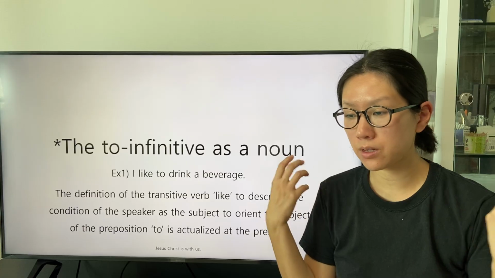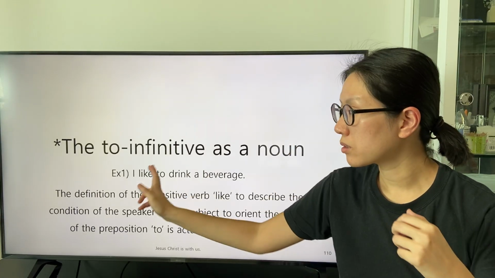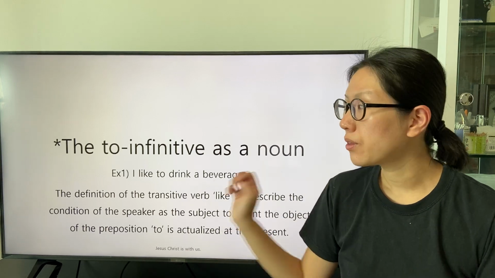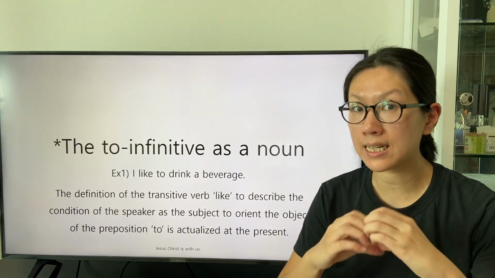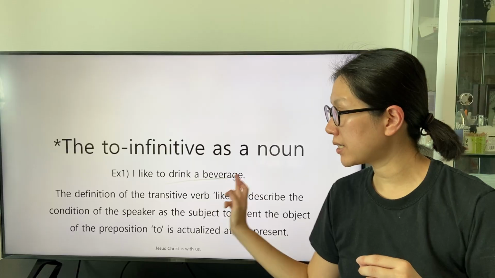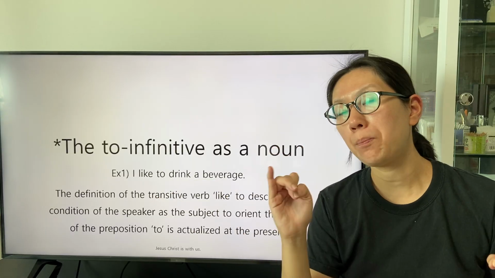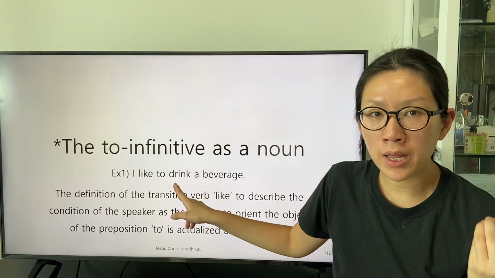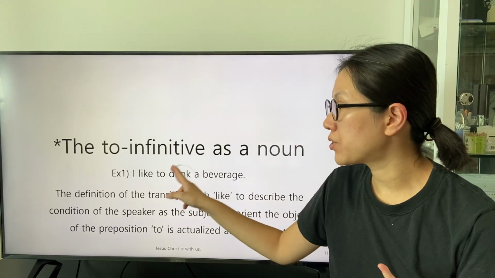So we can understand that the speaker delivers, or starts and delivers, the definition of the transitive verb like to the object that is the proposed action described by the root infinitive drink.